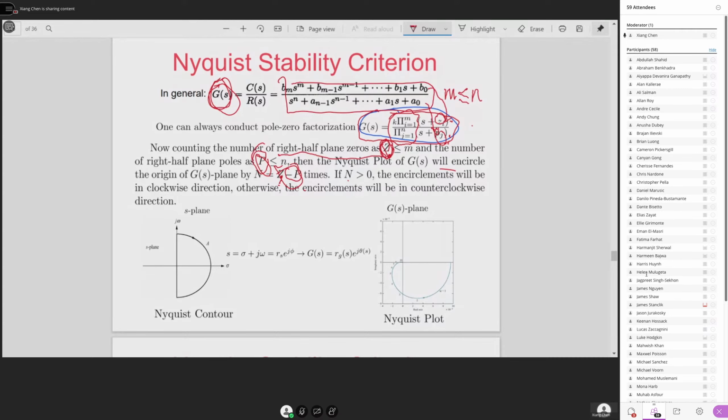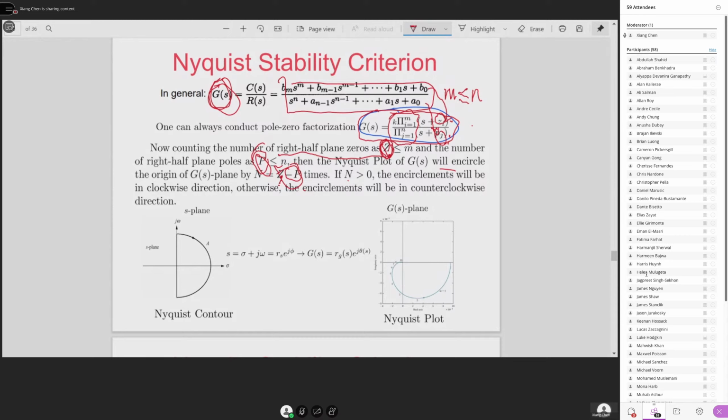So your net encirclement around the origin is going to be in which direction? Clockwise, right? Otherwise, if Z is less than P, which means you have more right half plane poles than right half plane zeros, then N is going to be negative.